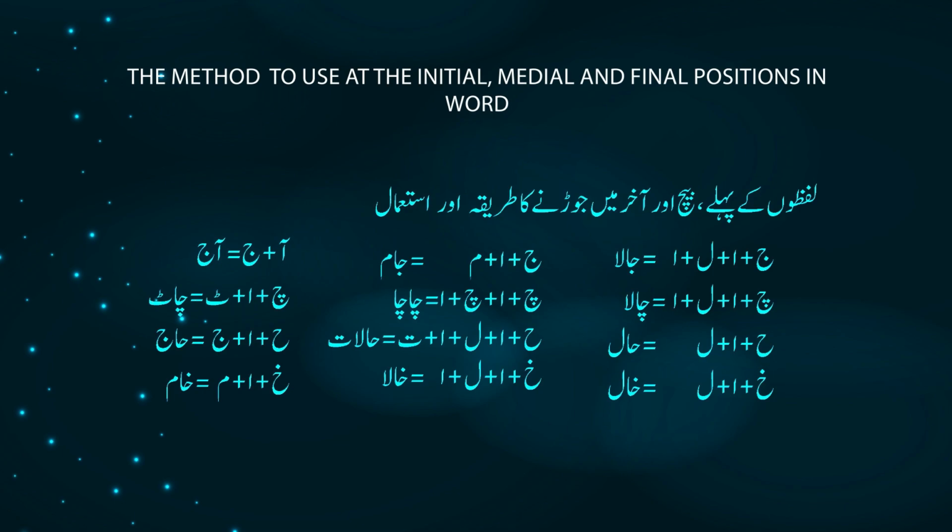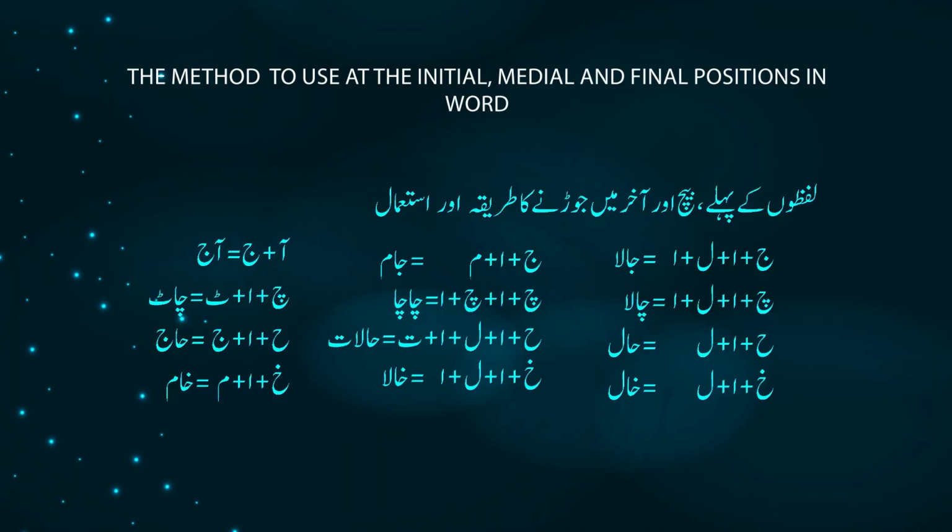We have a second word, with the only difference of the alphabet che. In the above example, this was started by Jim. Now this word is written or started by che. Chala, easy. And the only difference is that Jim has 1 dot, che has 3 dots. Chala.